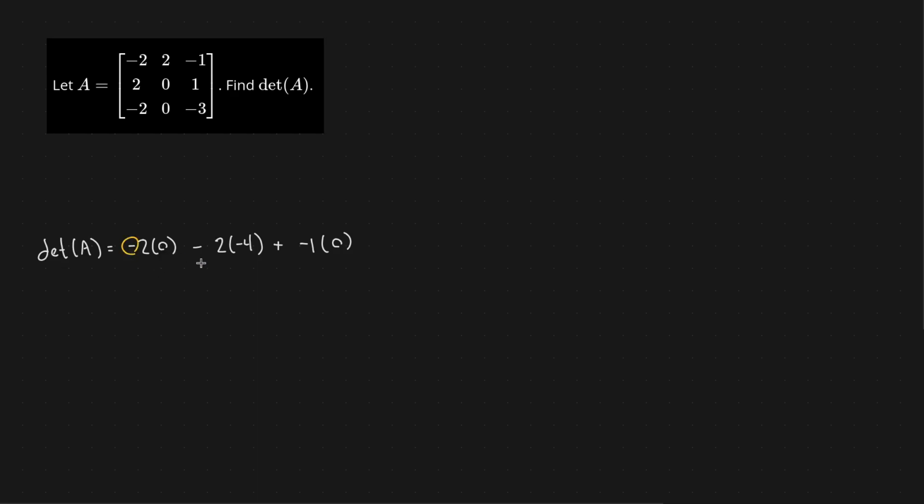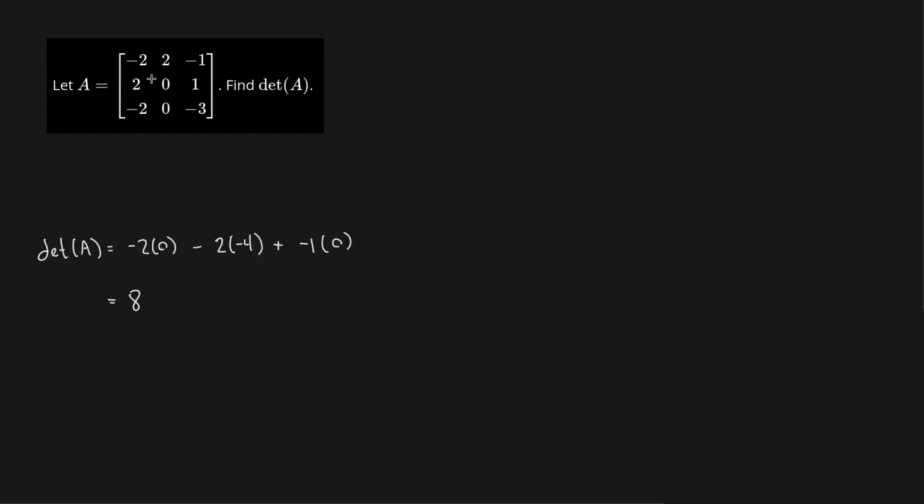Notice I keep the sign with the number that's already there. So this was a negative 2. So I imagine putting a positive in front, not changing the sign on this. Okay. This was a positive 2, but since it's the second entry in the first row, I put a negative in front of the cofactor. All right. And so this gives me 8.